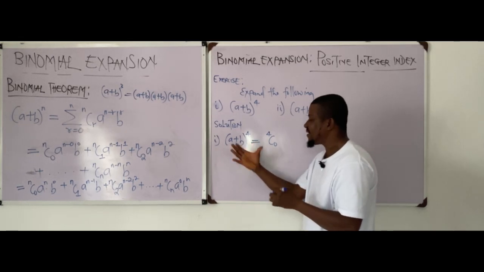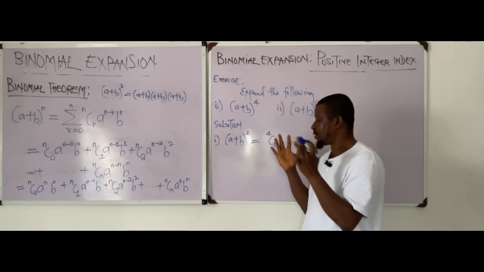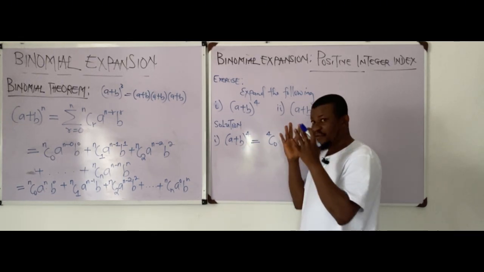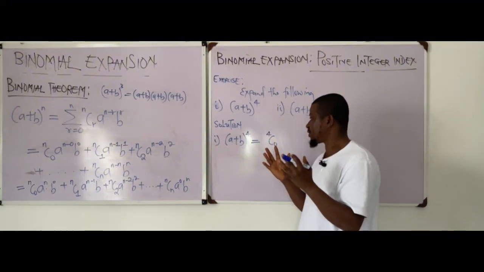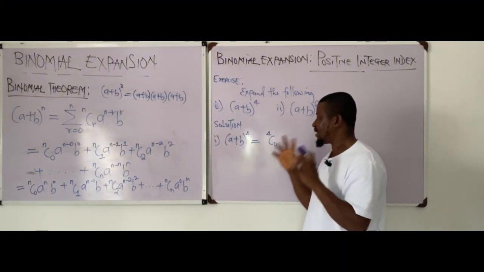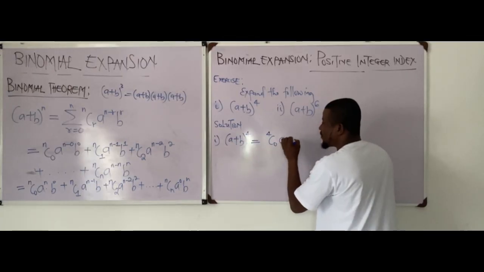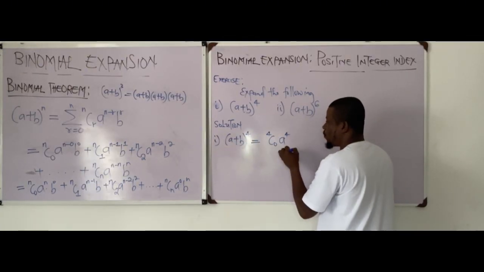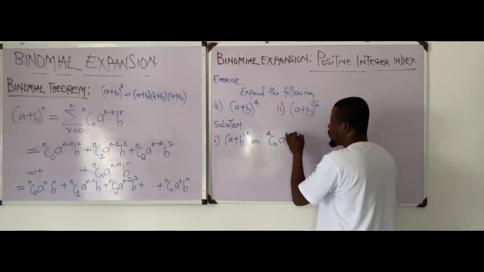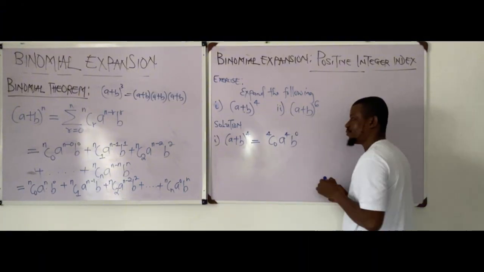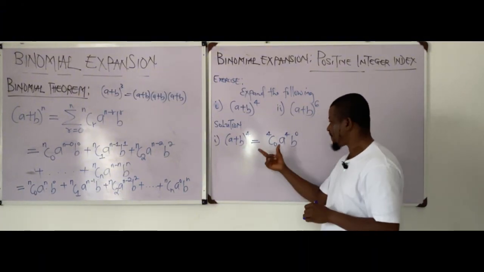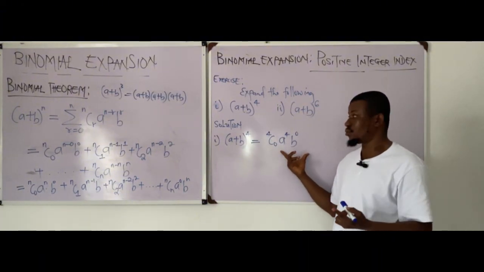We are going to combine this in 4 brackets. That's just the idea, we're making 4 combinations, but we're starting from 0. So 4 combination 0, the first term a will be raised to the highest power 4, and the second term b will be raised to the lowest power 0. If you're able to get this first term, this first setup, you are good to go.